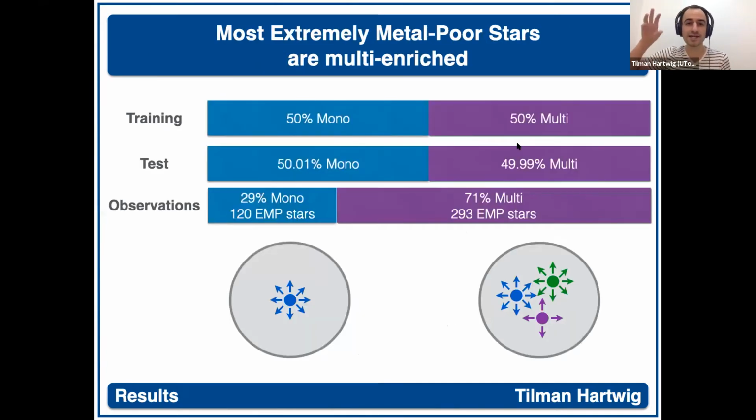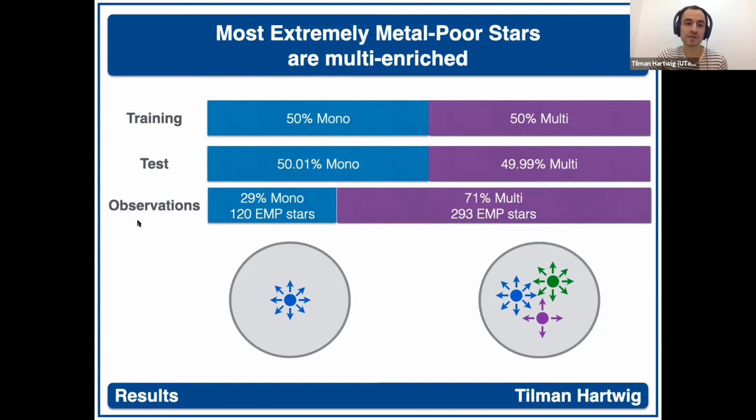In our training and test data, by construction, our prior assumption is that mono-enriched and multi-enriched are equally likely. So we start in the training set with 50%, 50%. In the test set, we nicely recover this trend. The test set is unbiased, agnostic, and recovers 50%, 50%.